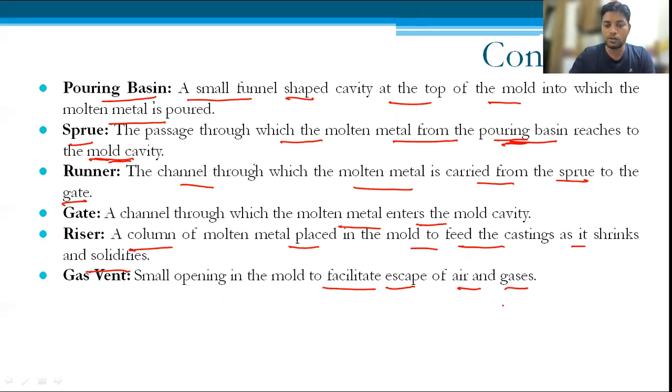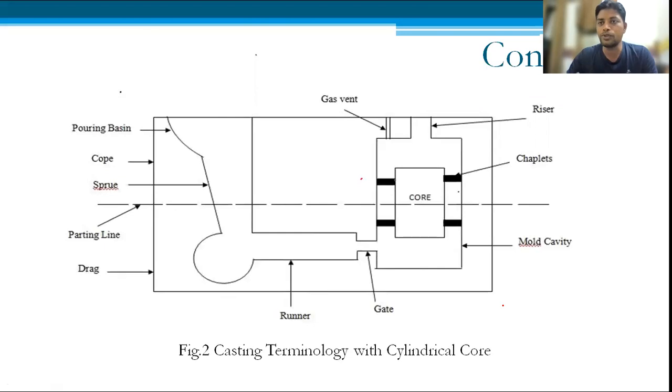Okay guys, now let's come to what happens when we have to produce a hollow casting, because in the last figure the casting we used was a solid casting. Here we have a cylinder-type shape. Consider the same, from the top view it is circular only.